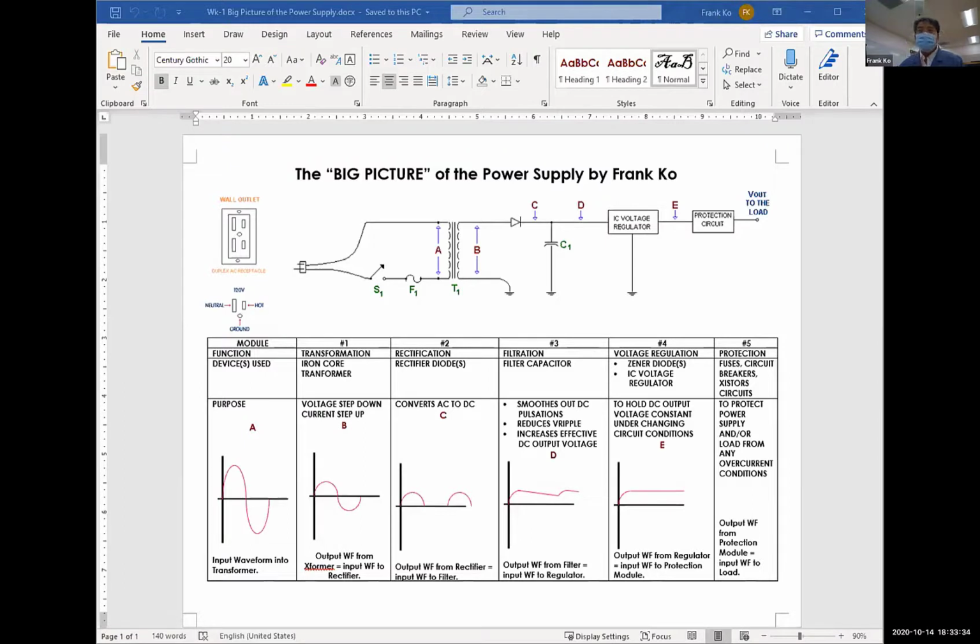And there's a name for this waveform that we see in waveform C. Waveform C is called specifically positive pulsating DC. Everybody repeat. Positive pulsating DC. That's the official name given to the waveform.